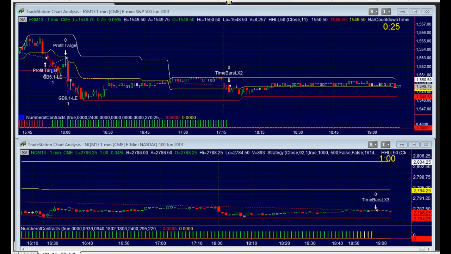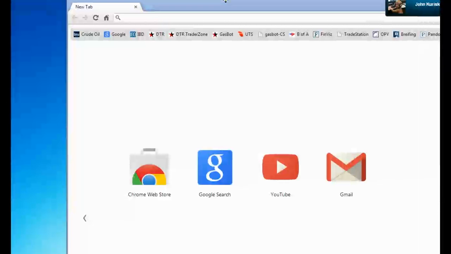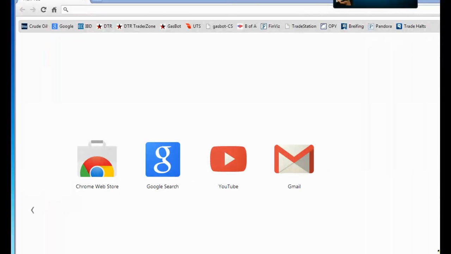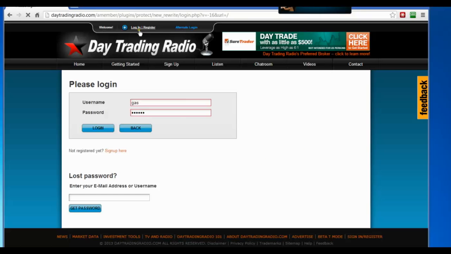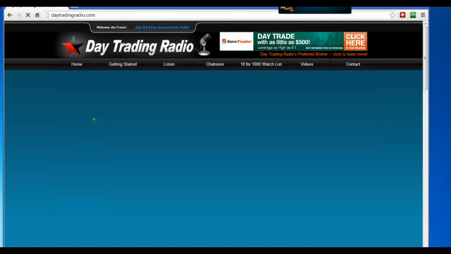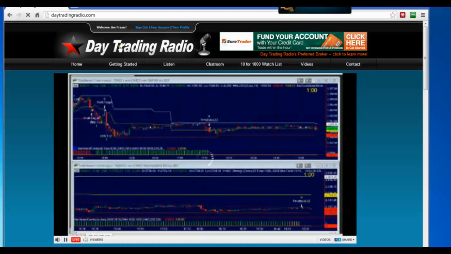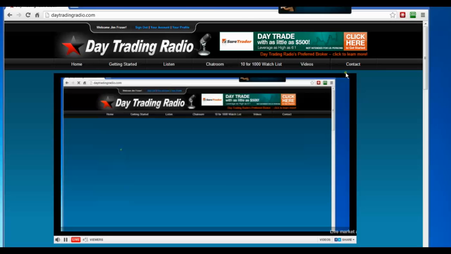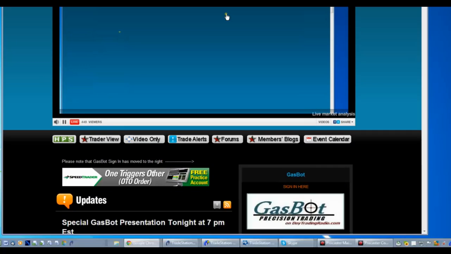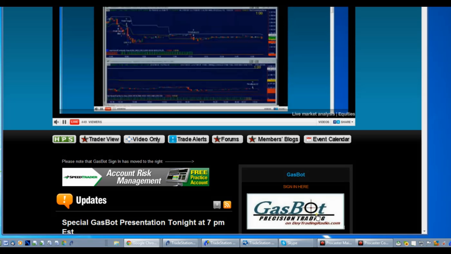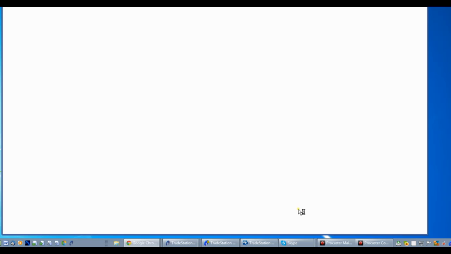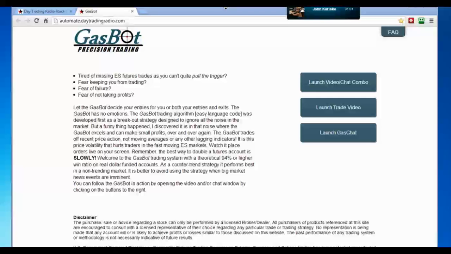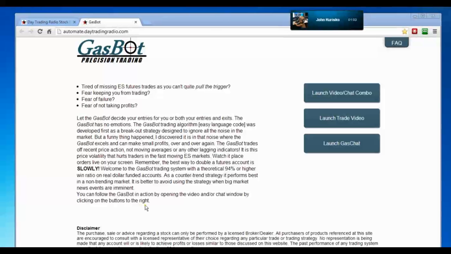I'm going to take this Procaster screen over to a Chrome browser. You can navigate to here and then save that, bookmark that tab, and that takes you to this screen here, which has 3 different launch buttons.